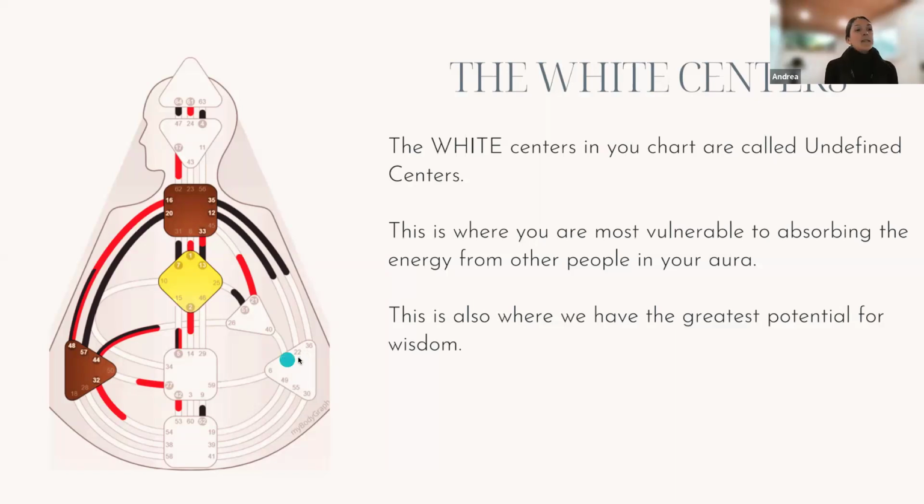If someone has it wide open, so they don't have any gates or channels, nothing colored in leading out from it, this person is going to be very open to the emotions of other people, because the solar plexus is an area of emotions. So they are likely to pick up on people's emotions around them.